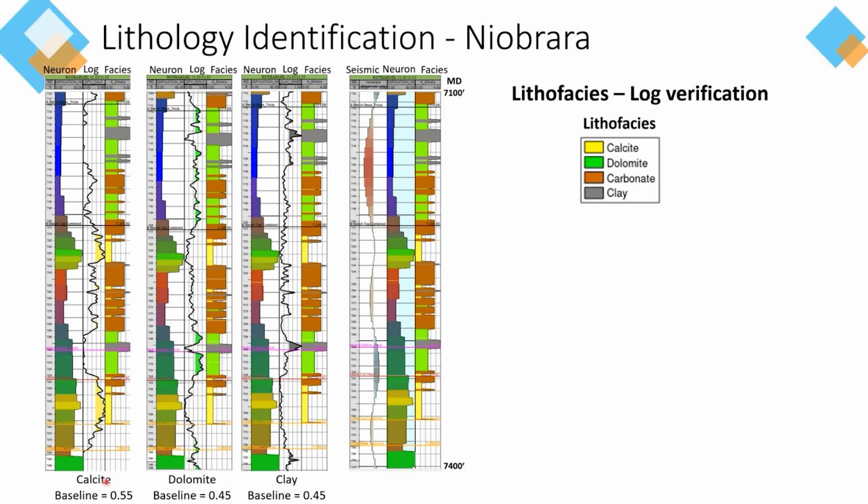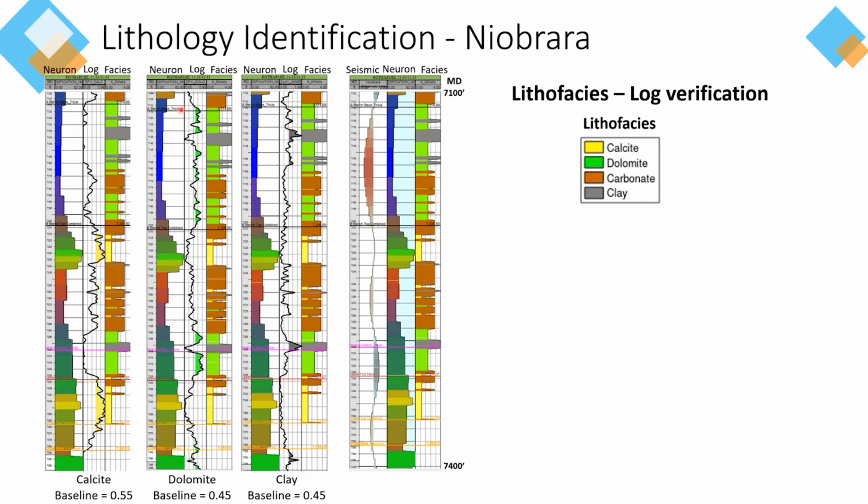Here we have the neurons from the seismic. Here I have the calcite log from the petrophysical evaluation, and here I have the phases that we just computed. I have here a baseline of 0.55, 55%. This will be this baseline. And I see that all the points with calcite higher than 55% match the phases here and here.